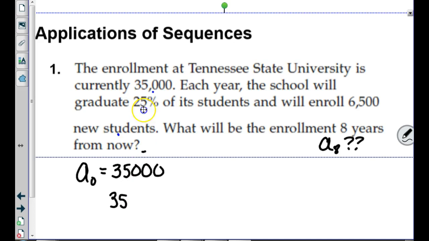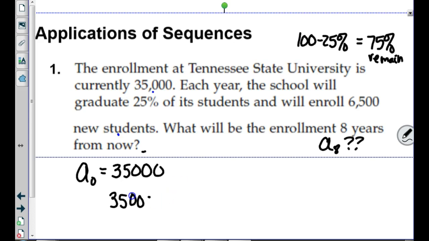Okay, wait a minute. 25% leave. Yes. So Christian says, yes, 75% remain. So if we multiply 35,000 times 0.75, we'll get a number.